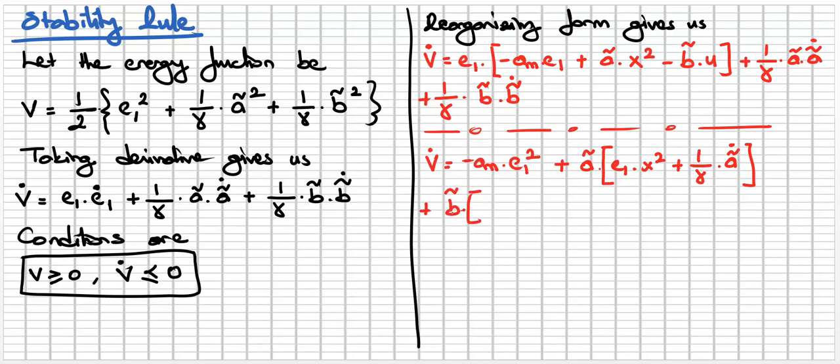B estimated value is equal to the B estimated coming from these things, and so minus E1 times U plus 1 divided by gamma times B estimated dot, okay. And so this is always negative, okay.